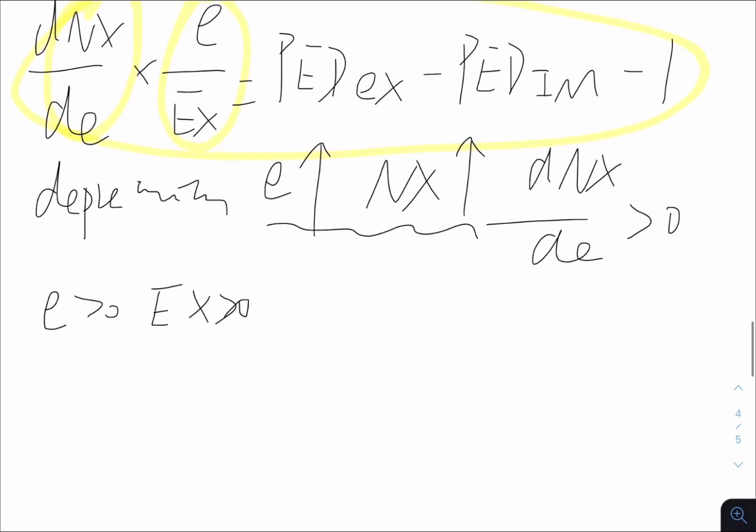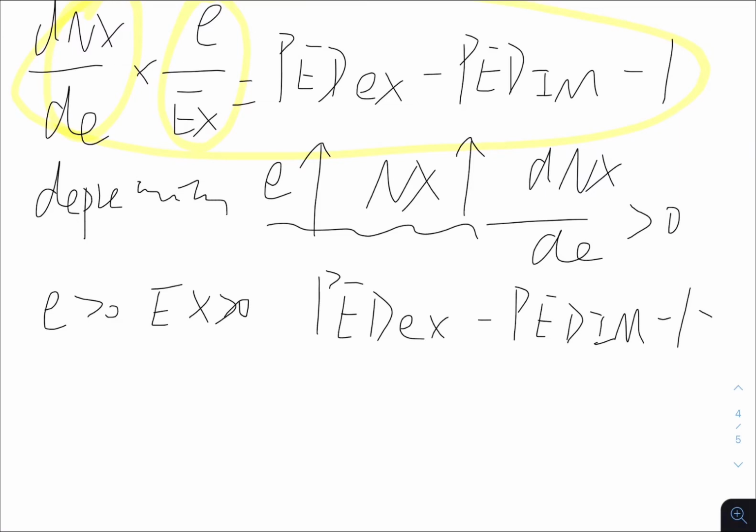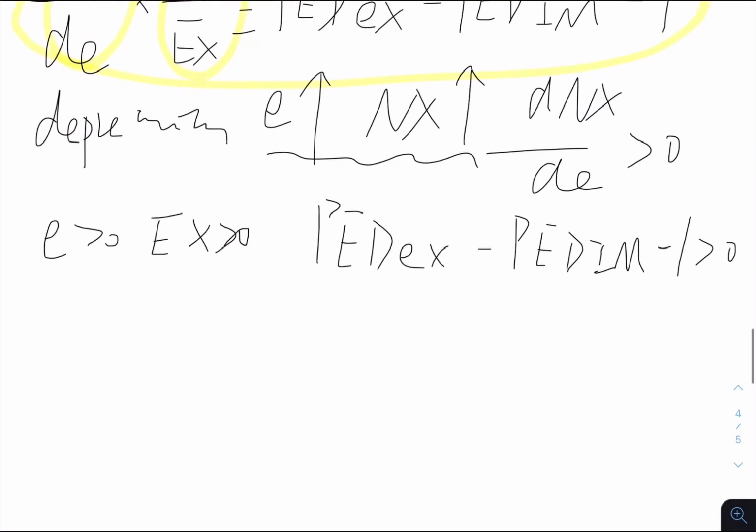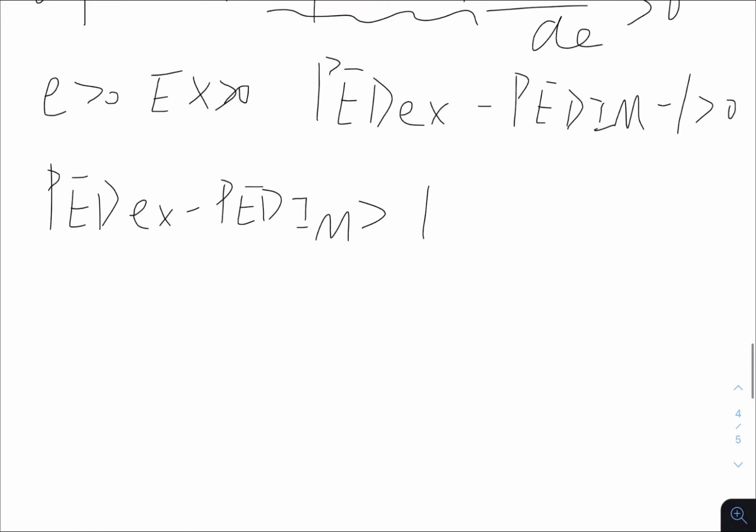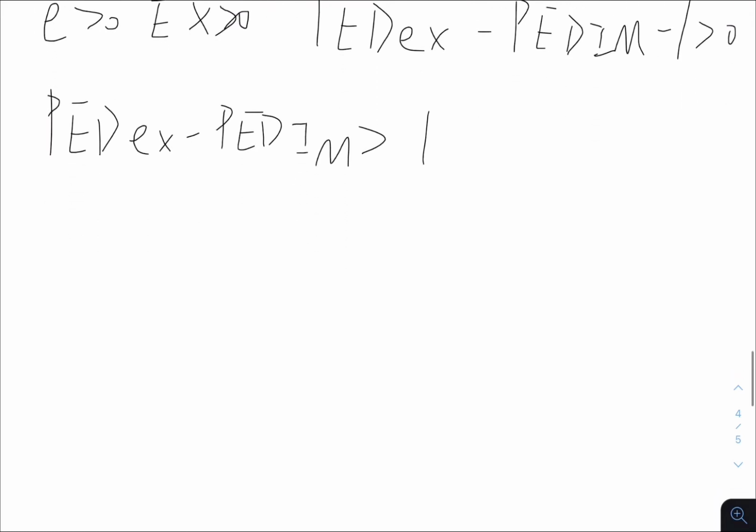As a result, PED export minus PED import minus 1 is bigger than 0. Thus, okay, we are approaching the end.